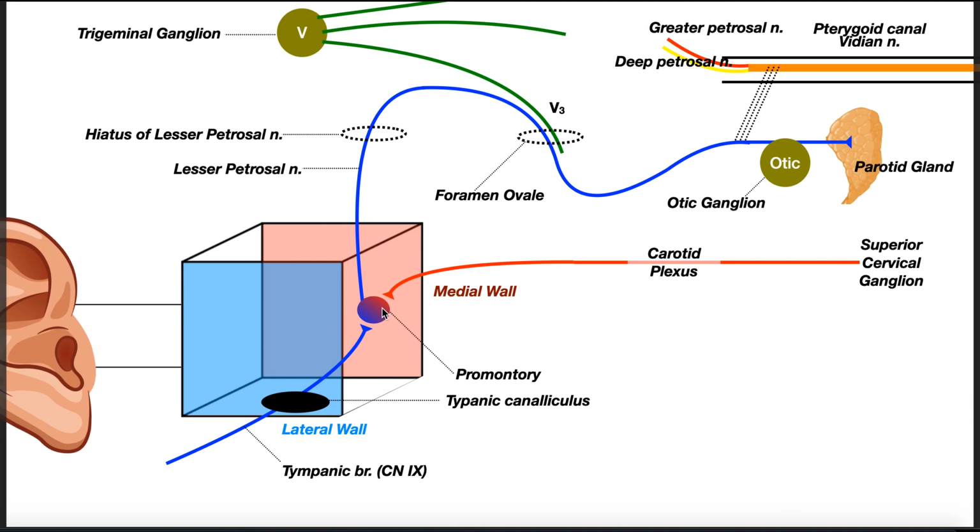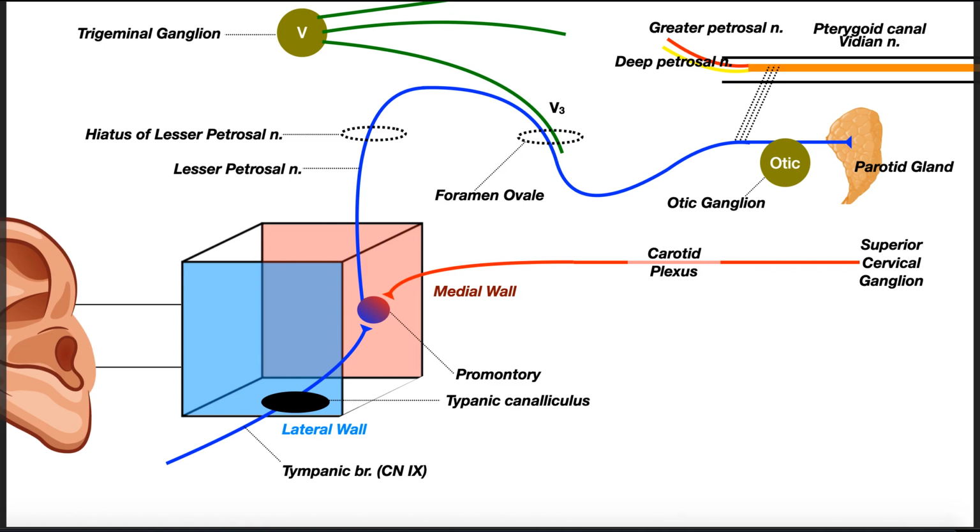Now, the tympanic promontory is a site for the tympanic plexus. Okay? Now, the tympanic plexus has both sympathetic and parasympathetic innervation. The parasympathetic innervation comes from this tympanic branch. So the sympathetic innervation must come from another source, and it comes from the carotid plexus. We're not going into the sympathetic nervous system here in a lot of detail. That's for other videos.